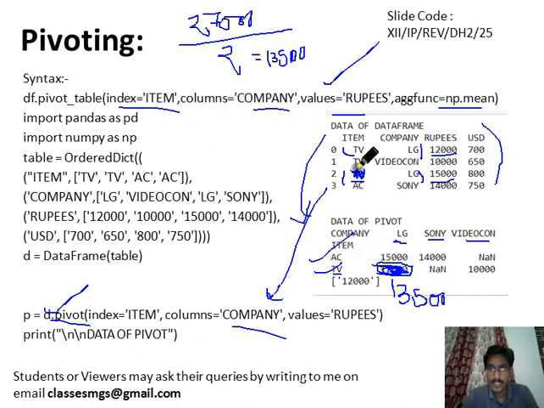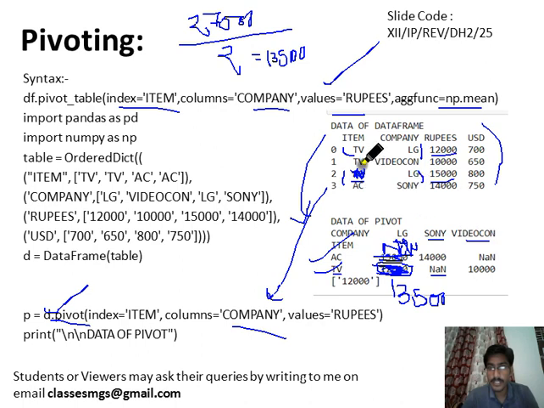AC of LG is not there. AC of LG is not there for this particular case. So in the place of 15,000, here it will be NaN. AC of Sony is there, 14,000 will come. And TV of Sony is not there, so NaN will come.